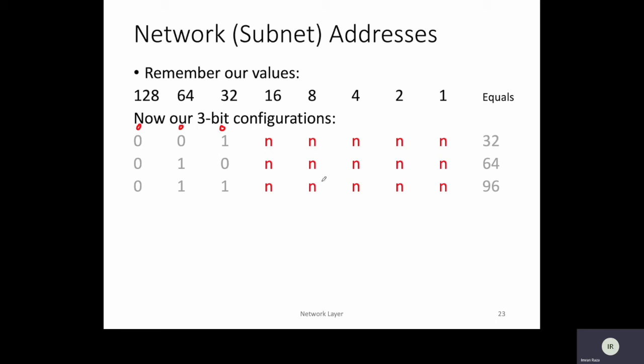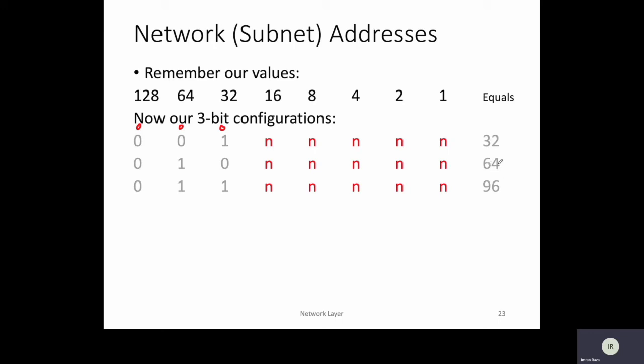What if I had borrowed a complete octet? How many combinations would there have been? 254. So it's not feasible to write out every combination. Instead, we can take the first combination, 001, which gives me the value 32, and add 32 to 32. This gives me the next address, which is 64.